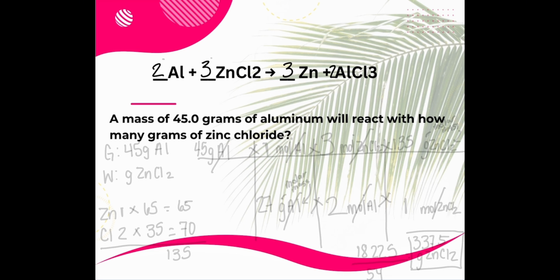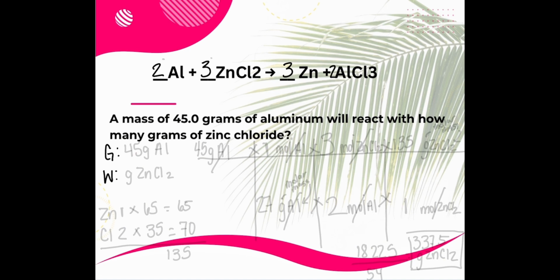Okay? So now that we have our balanced equation, that's going to be very critical to our stoichiometry for today. You need a balanced equation. All right? Our next step is to list out your given and your want. Now, what I like to do is create a little list where I have my given and my want, okay?